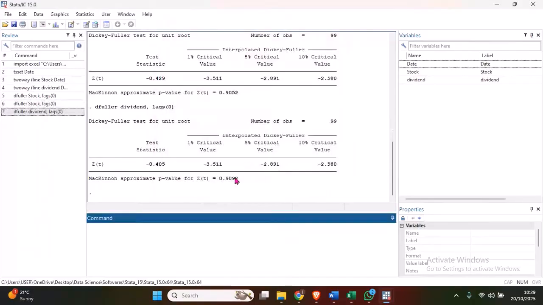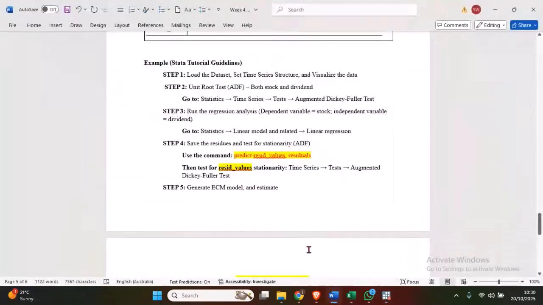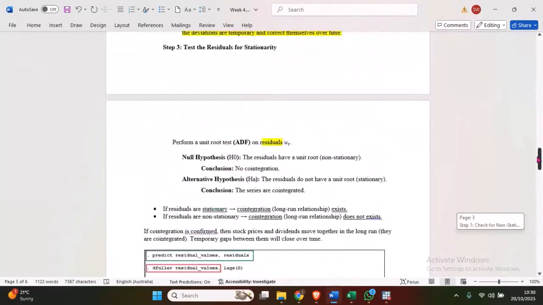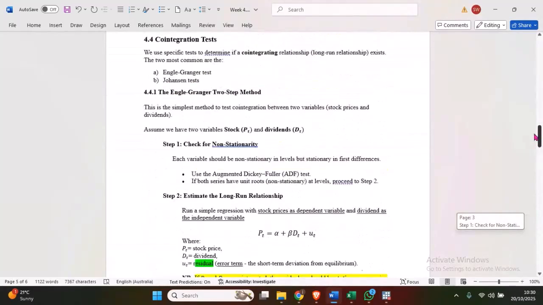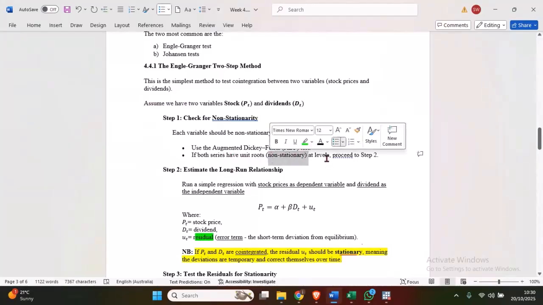So this one is 0.09092. It is also not stationary. So if you check our first requirement, that if both have a unit root, they are non-stationary at levels, then you proceed to the next step.